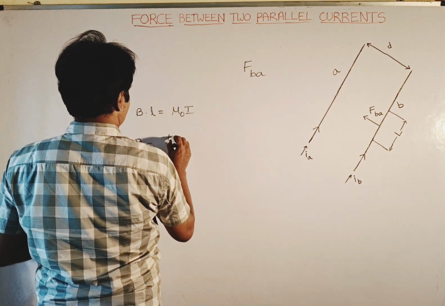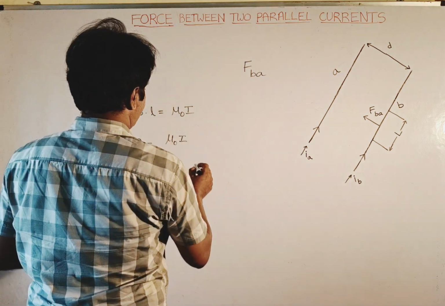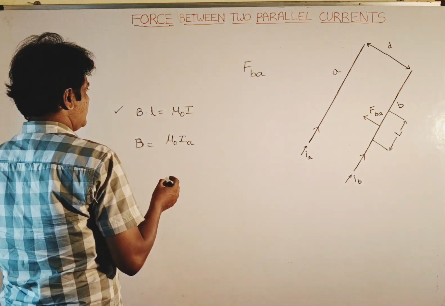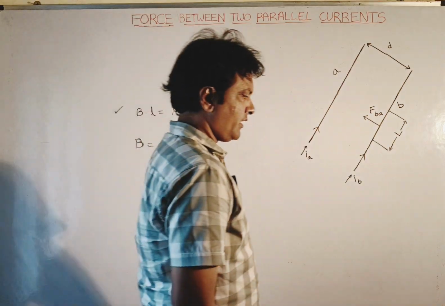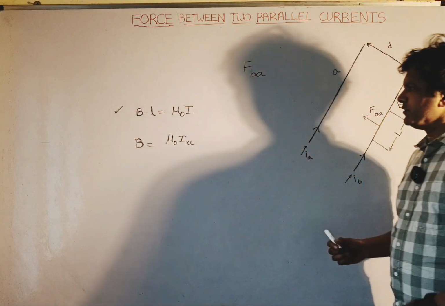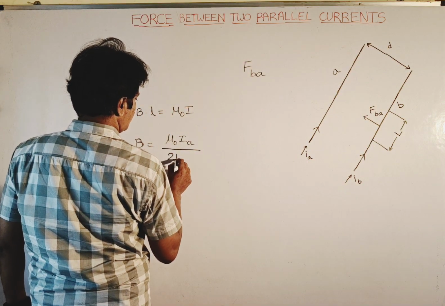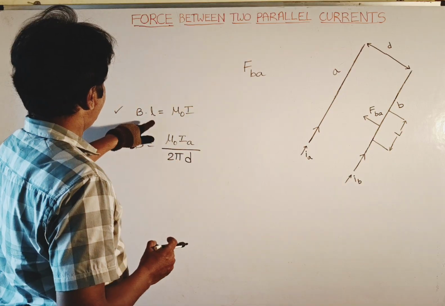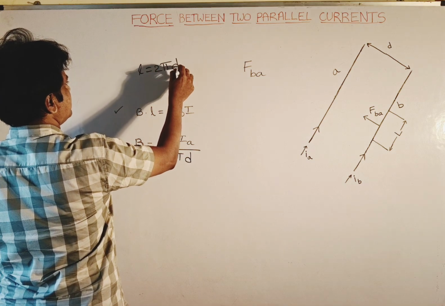So mu naught I. So I means it is IA, the current passing through the conductor A. So what is L? See, here L is nothing but the perimeter, as I have told you. This is nothing but 2 pi d, where L is taken as 2 pi d.